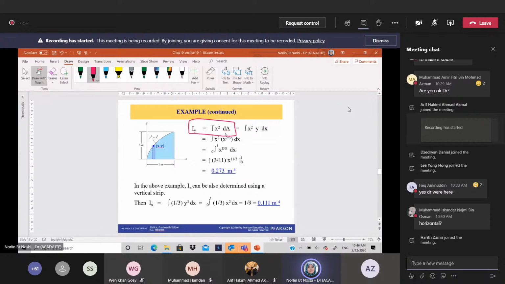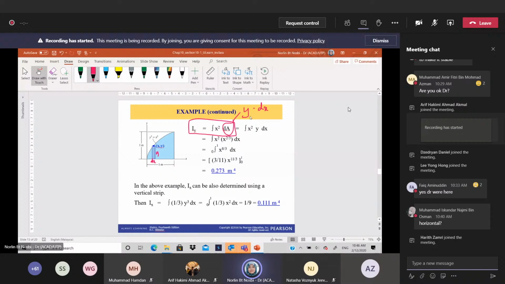From here, you need to find the dA. The dA is y dx. The bottom here is a dx. So y times dx is dA, the area.